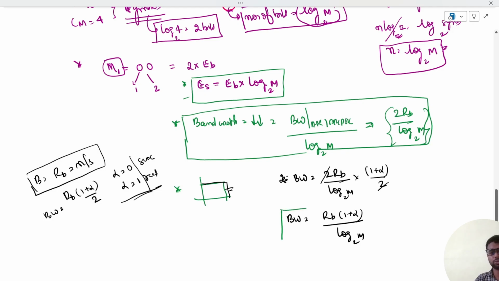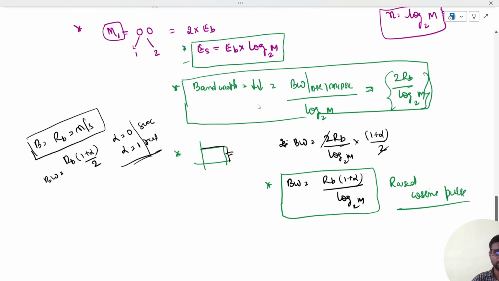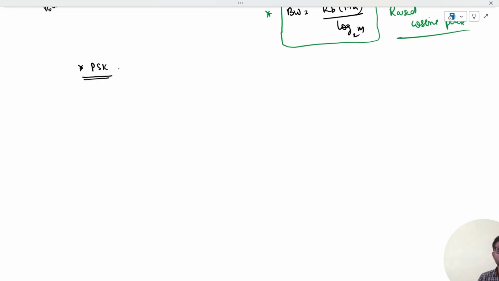This is the bandwidth for raised cosine pulse. Now this scheme is also known as binary phase shift keying, BPSK. Both are the same. Binary phase shift keying means we are using only 2 signals.